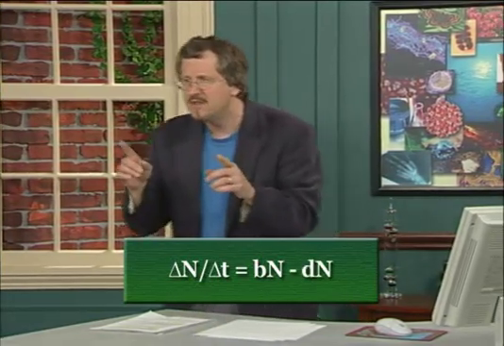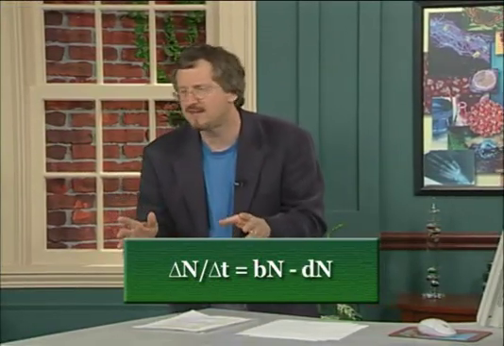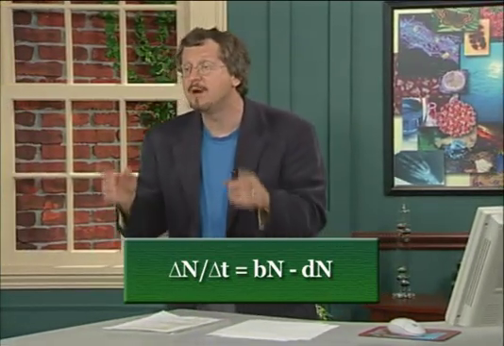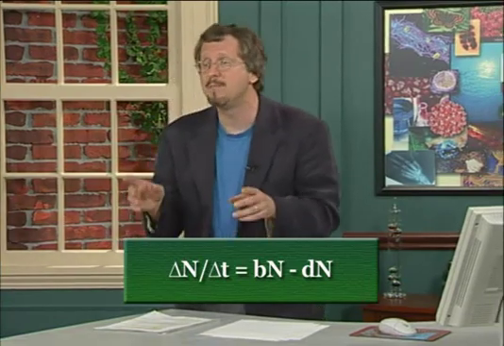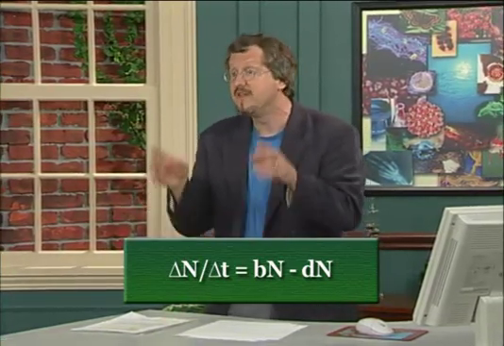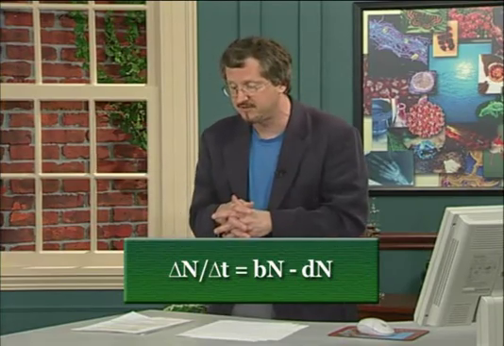Now I've changed the b and the d to lowercase letters in this case, because what we're doing is we're not talking about absolute numbers of births and deaths, but birth and death rates. And we're multiplying those rates times the number of individuals that exist in a population at a particular time.